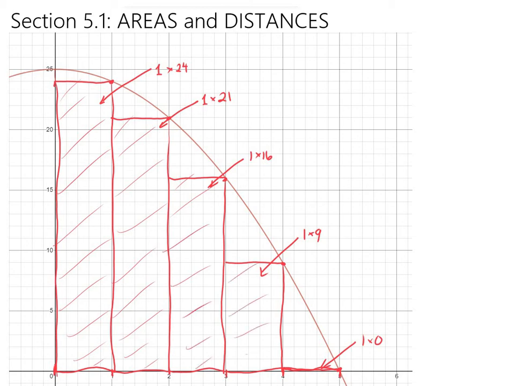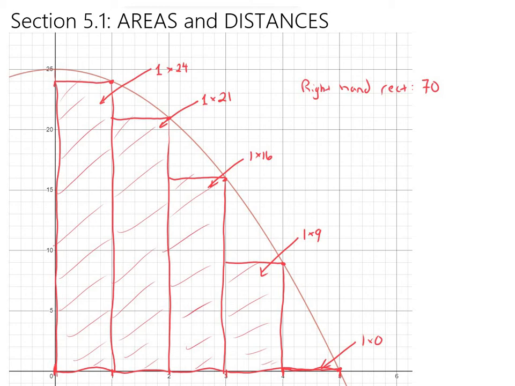So adding up the areas of those 5 rectangles, let's see, 24 plus 21 is 45, and 16, 55, 61, 70, and 0. So this is with what they call right-hand rectangles. Our approximate area is 70.